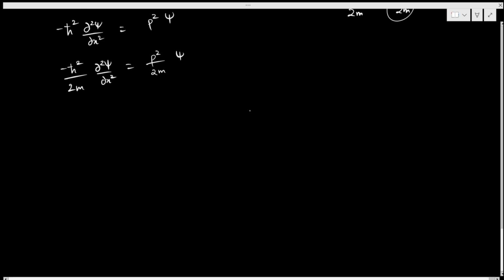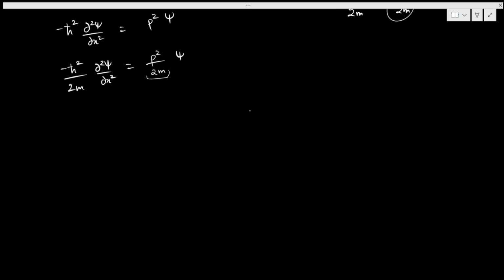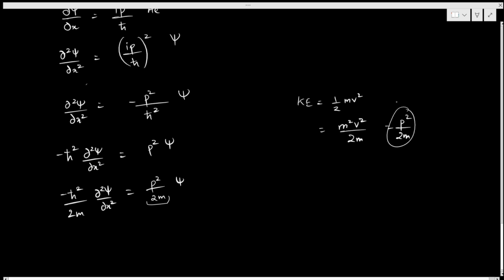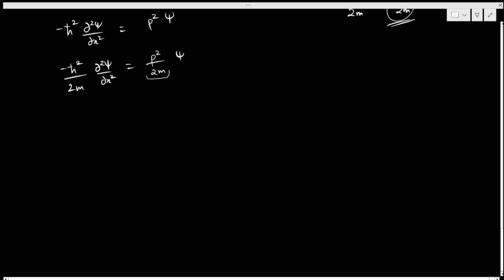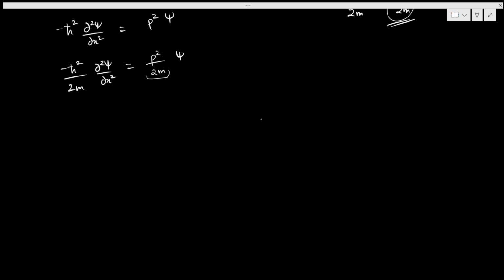So now we have our kinetic energy expression here as we derived earlier over here. And now we can substitute that there. I'll just write it as K, representing kinetic energy. So then you would have minus ħ² by 2m ∂²ψ/∂x² is equal to Kψ.